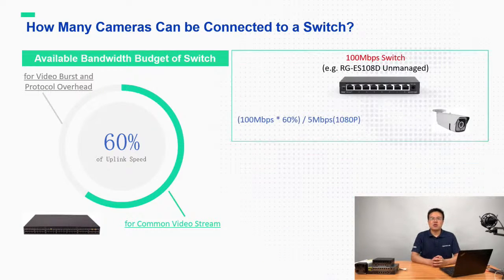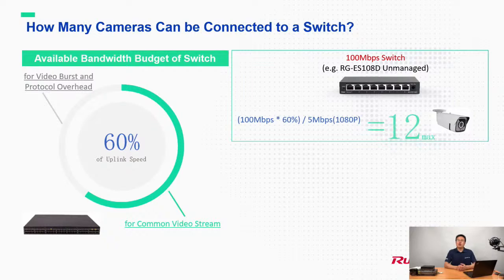Based on this theory, we know that a 100 Mbps switch, for typical cameras, can connect a maximum of 12 cameras.